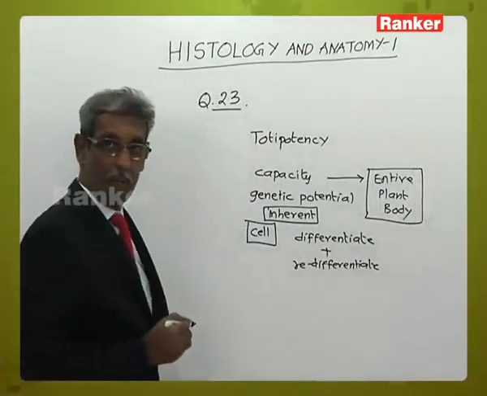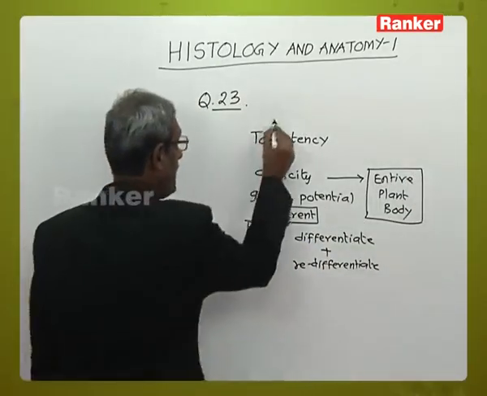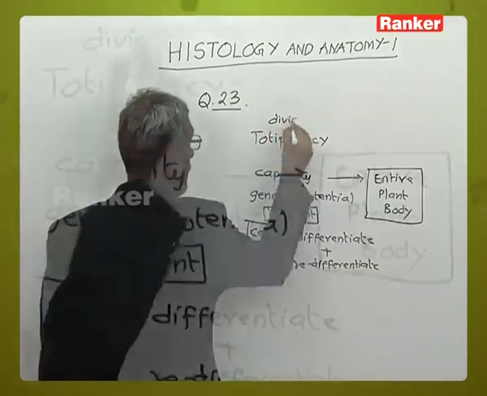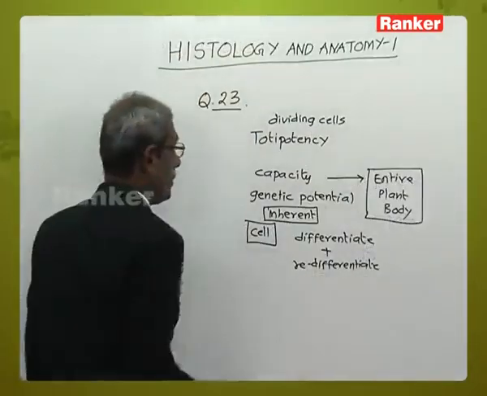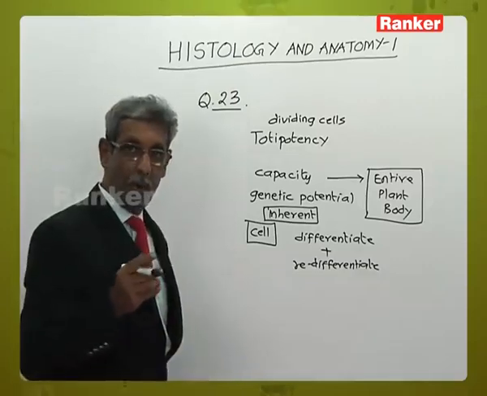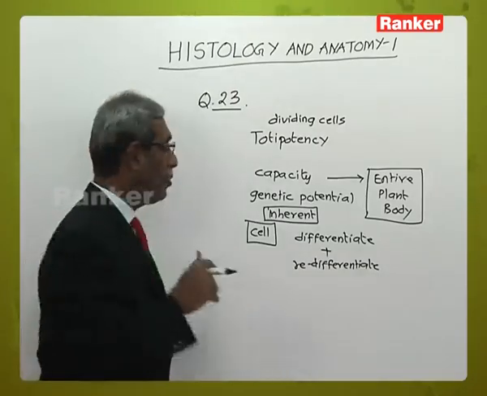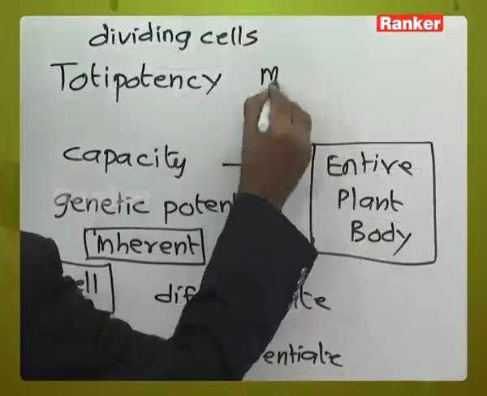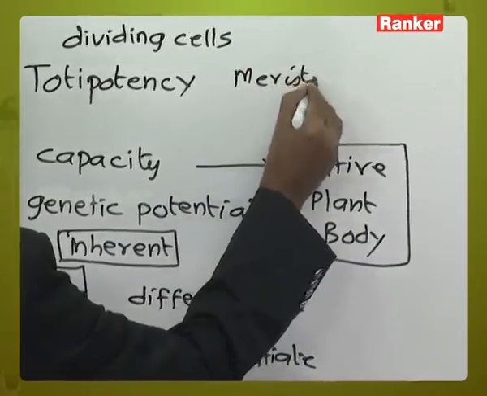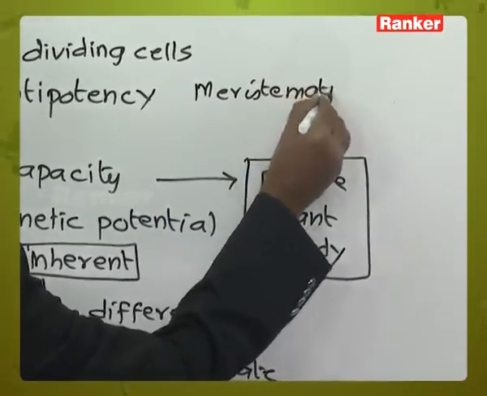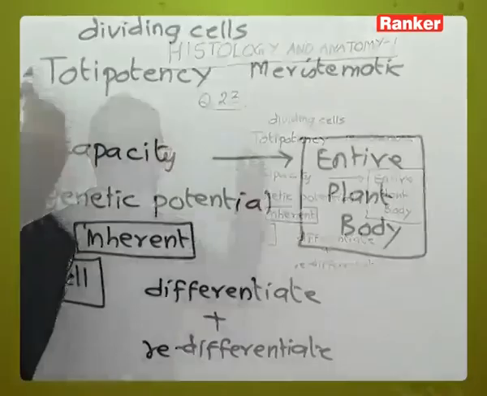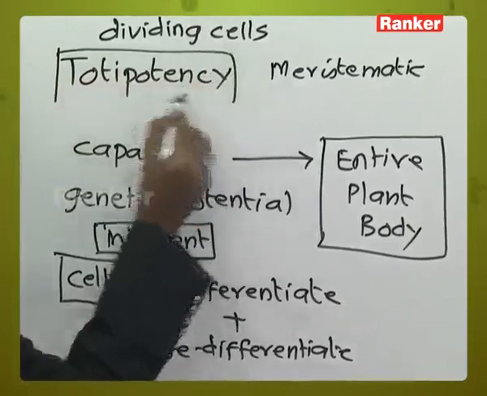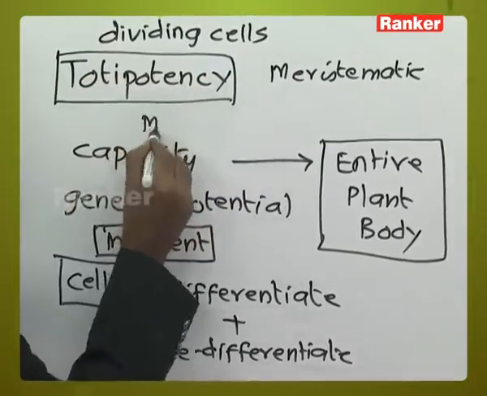So, this is a unique property of dividing cells. The dividing cells of the shoot apex and the root apex are meristematic. Hence, totipotency is a characteristic feature of all meristems.